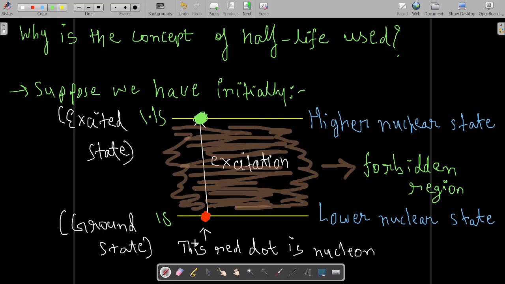There will be no time gap; within a fraction of a second it will be directly seen over here. That is the meaning of this. So it goes from the lower nuclear state to the higher nuclear state, that is, from the ground state to the excited state.